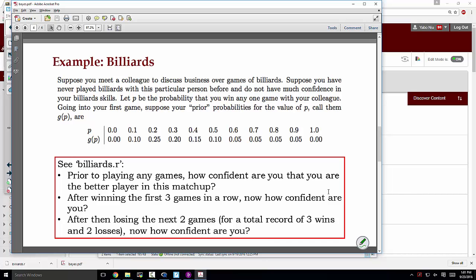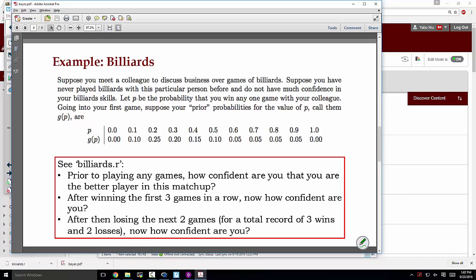Here's another example. It's kind of a fun one. Suppose you are going to meet a colleague at a pool hall, so you're going to play billiards and talk business. You don't have much confidence in your billiard skills, and you've never played this person before, so you don't know what to expect in terms of who's going to win these games.